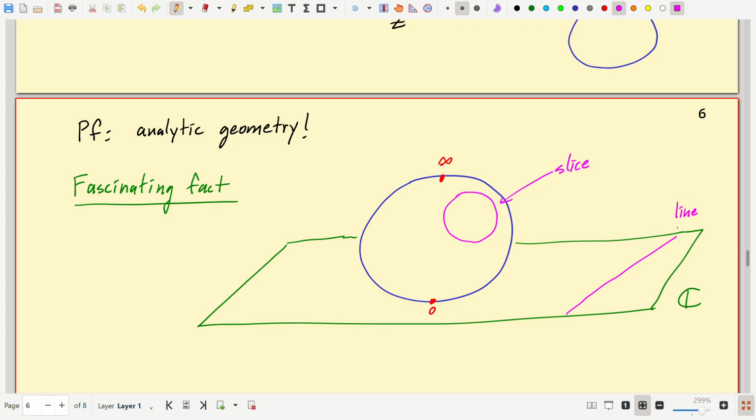And if I draw a circle in the complex plane, it also corresponds to a slice. So if I have a circle over here and do stereographic projection, it would correspond to a slice over here. So we have a circle. This one would correspond to a slice.